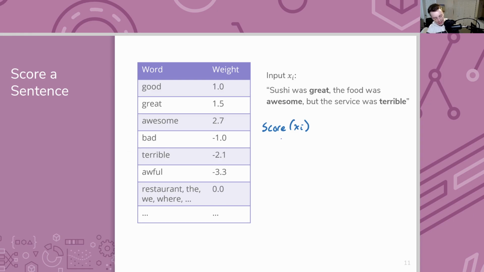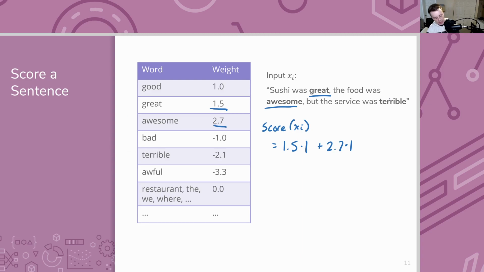So what I mean by that is the word great appears once, so we'll take the weight for great, 5.1, and multiply that by 1. The word awesome appears once, the weight for awesome is 2.7, so we'll add on to that score 2.7 times 1. If awesome appeared in this thing twice, we would multiply 2.7 by 2. So we just count every time the word appears, multiply by its weight.